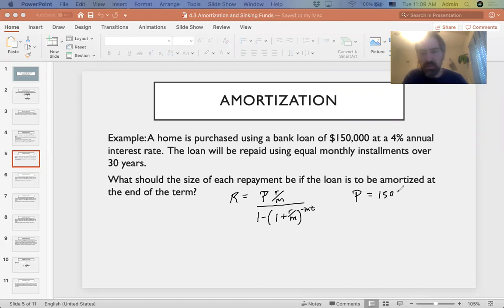P is $150,000, that's the loan amount. R is 4% interest. M, we are making monthly installments, so this is being compounded monthly. M is 12, and this is over the life of the loan of 30 years. So we plug our numbers into the formula.